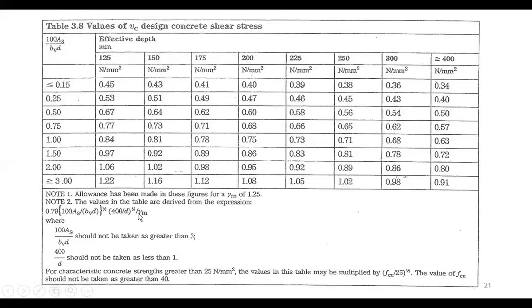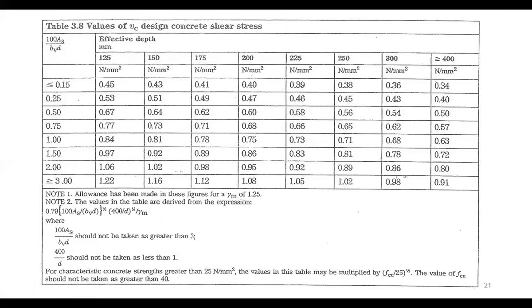Gamma m, which is the material safety factor for shear, is always taken as 1.25 according to the BS code. As is the area of the tension steel reinforcement.